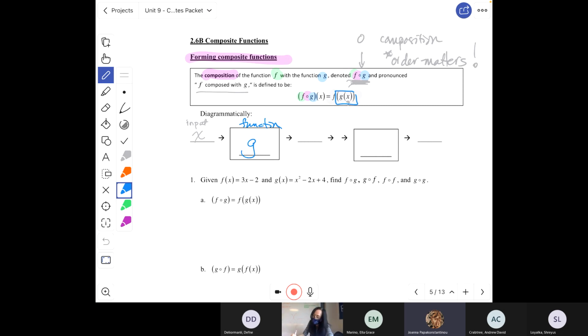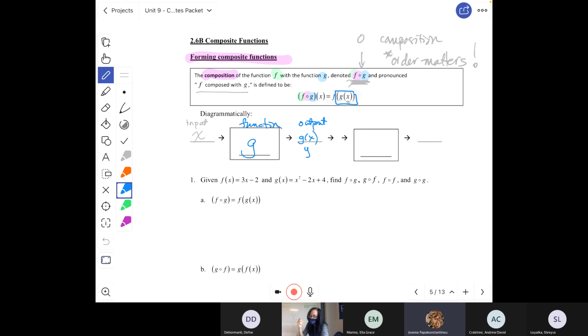What is that going to give me? It's going to give me the output g of x, right? Which we know to be y, right? So once I've done that, I've taken domain values of x, I've fed it into g, I got my output g of x, which is just y.